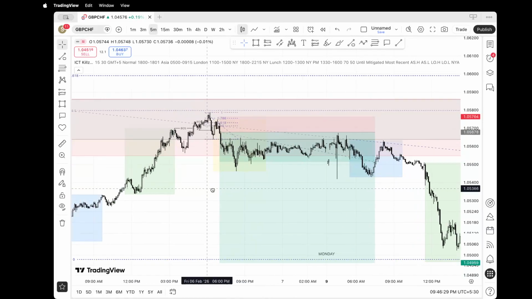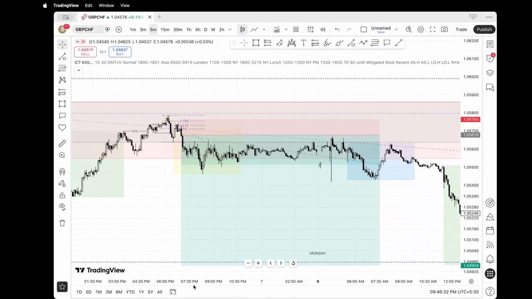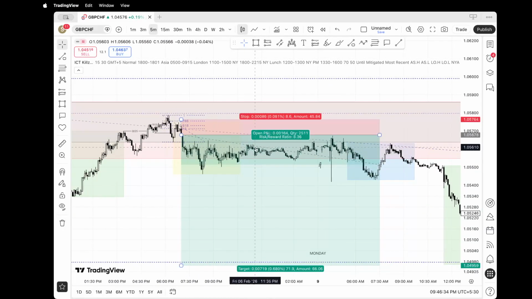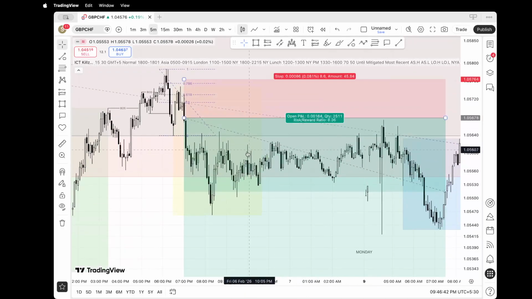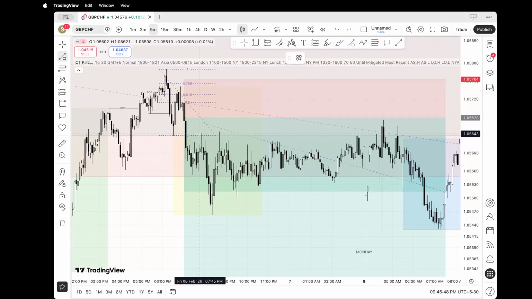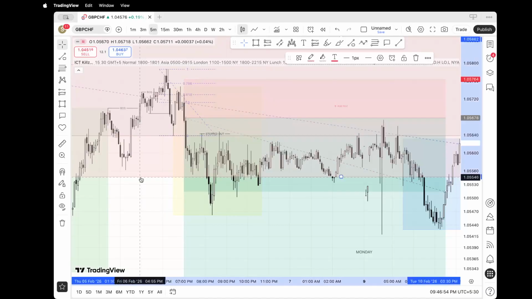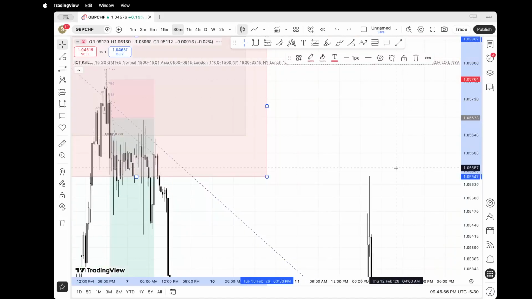Okay, I think I trailed the SL. Okay, I got it. So it came down, and I moved the SL till here, and I just got stopped out because of this. Stopped out because of this.